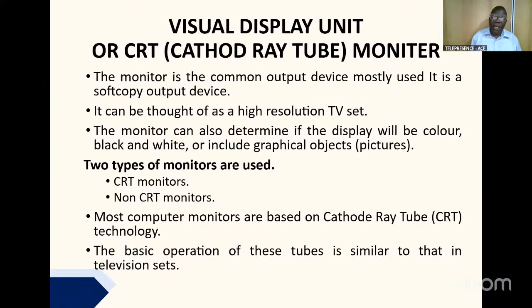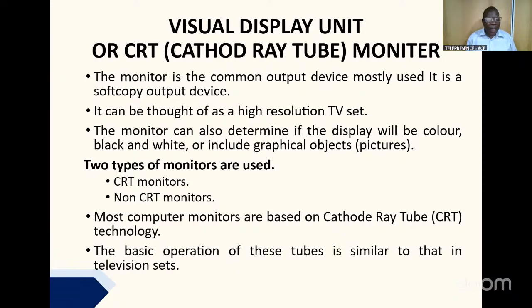But cathode ray tube is the physics name for that box. The monitor is the common output device mostly used, and it is a soft copy output device. You see the display of what you are doing, or maybe you are typing or adding or whatsoever you are doing on the computer system. You see it on your visual display unit.